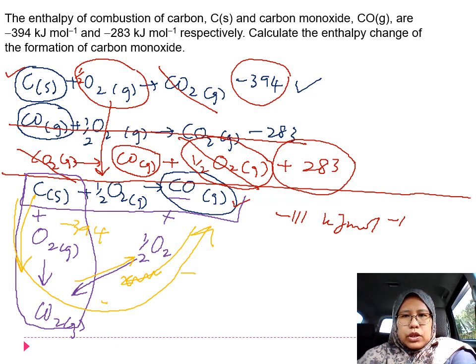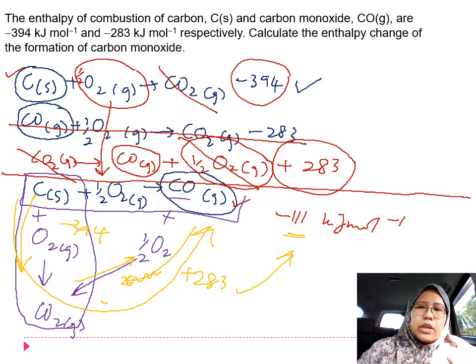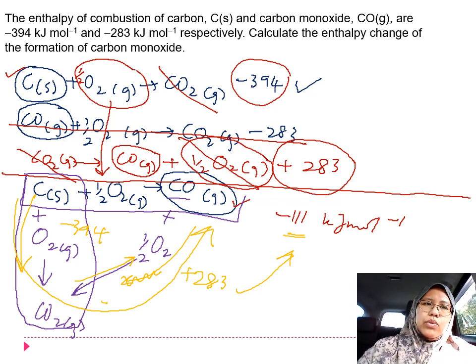Here is positive 283. So you get the answer -111 kilojoule per mole. So it doesn't matter whether you use the algebraic method or the energy cycle method. As long as it is balanced, you should be able to get the answer.